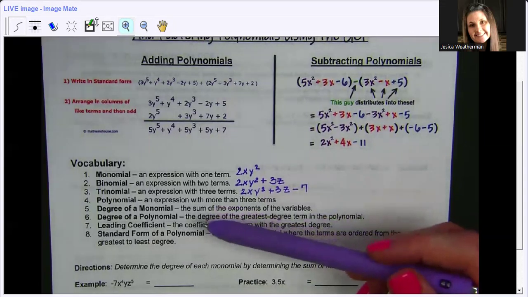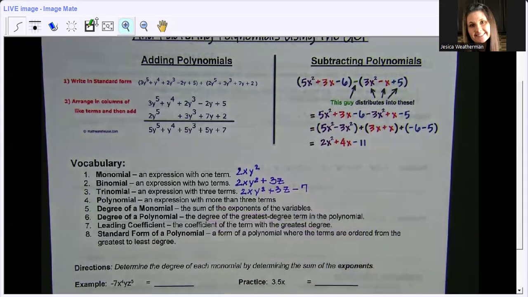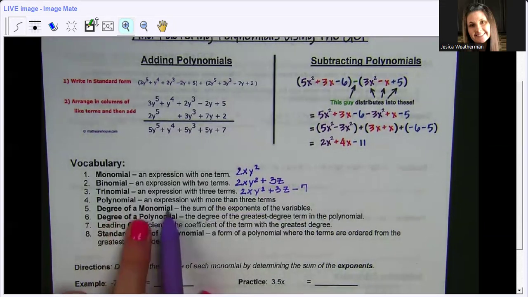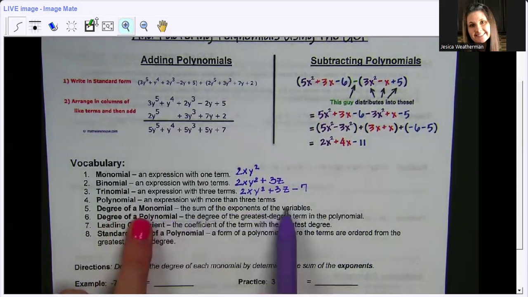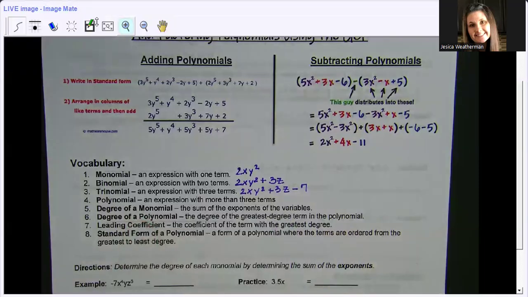Now, when we are dealing with polynomials, you want to order them a certain way. And we order them by degree. So if you look here, for the degree of a monomial, you sum up all the exponents of the variables in that monomial.